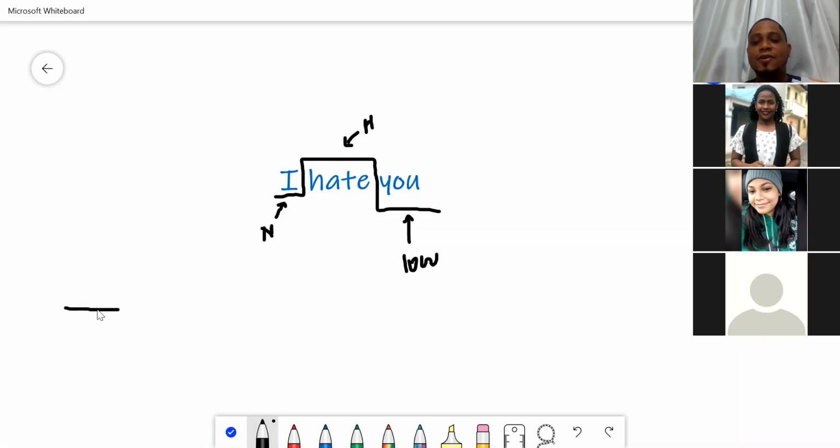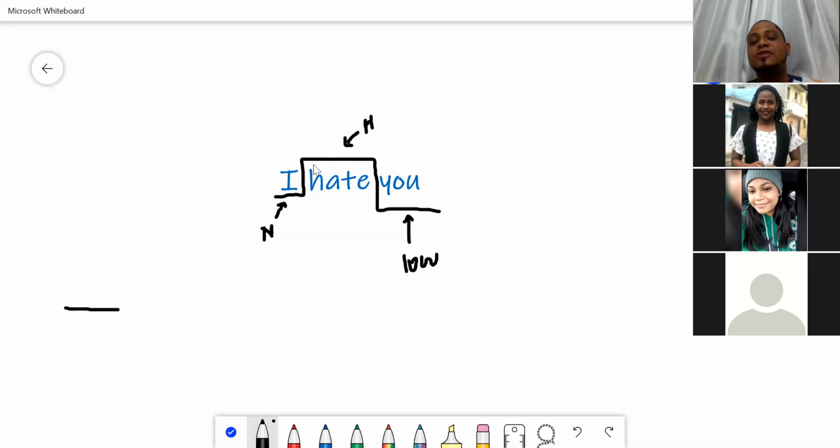And depending on the position of this horizontal line, according to the word, you know if it is a high tone, a normal tone, or a low tone. How do you know? Very easy. If the line is just under the word, it is the normal tone.